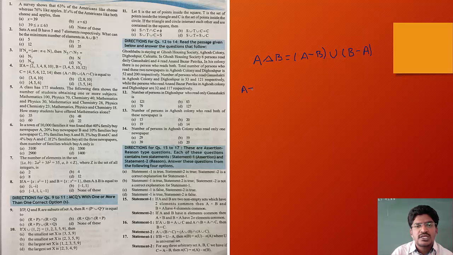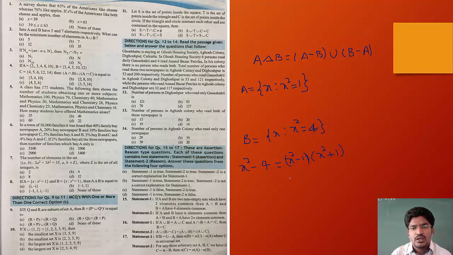So, for that, what is A? A equal to x such that x square equal to 1, B equal to x such that x to the power of 4 equal to 1. Okay. So, x to the power of 4 equal to 1 means x to the power of 4 minus 1. If you simplify this, x square minus 1 into x square plus 1.